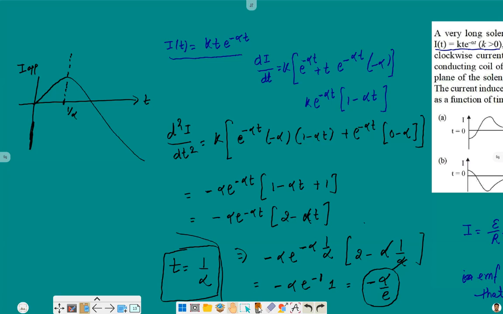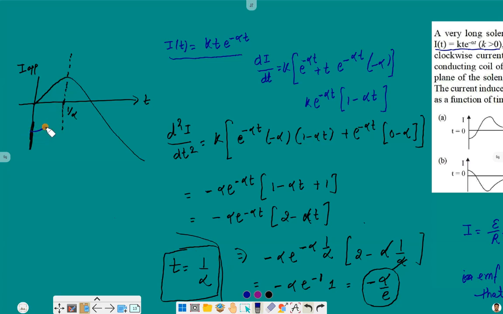So in short, our induced current in the initial time should be negative, and after reaching this point, when our actual current starts decreasing, or our di by dt becomes negative, our induced current should be positive. And after that, as our current keeps on decreasing, we assume it keeps on decreasing, so it should stay positive. So our induced current should look like this, that it should have some curve like this.